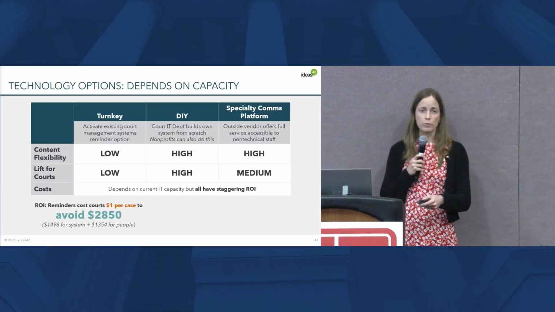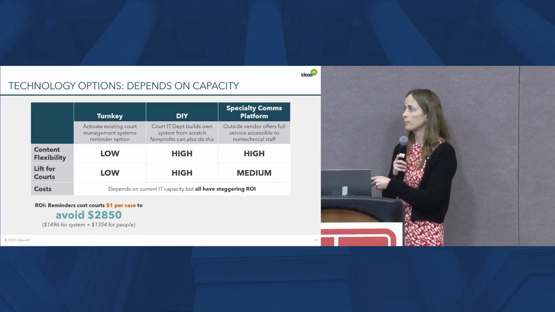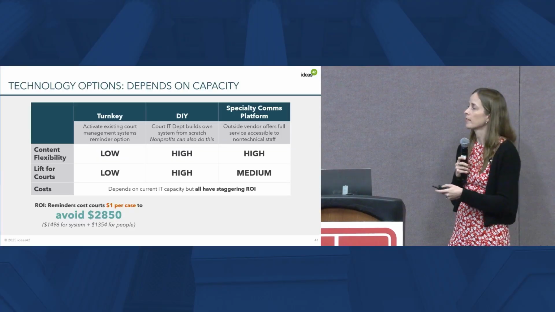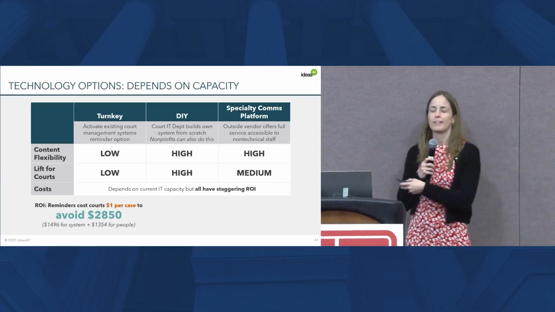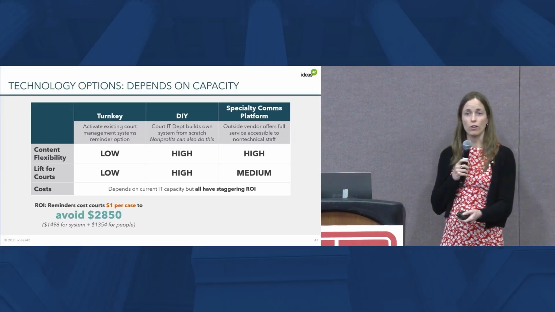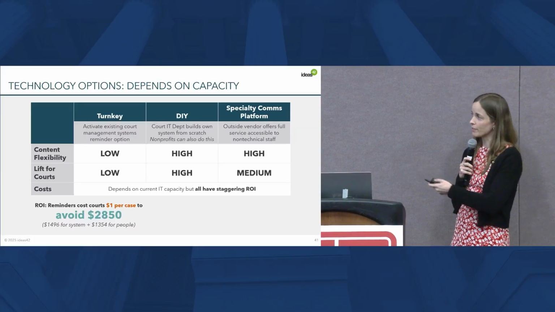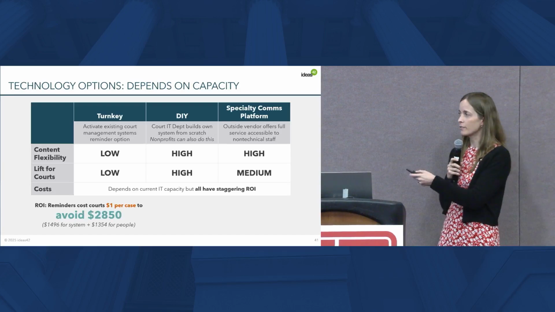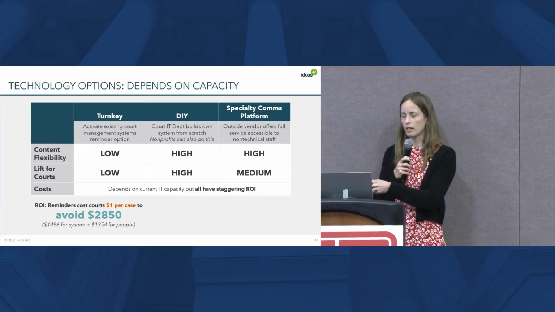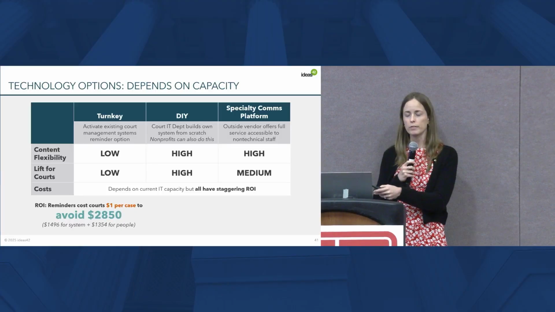But across the board, the cost of reminders works out to be about $1 per case or even less. And as we've covered, that's helping you prevent missed court dates, which come with a lot of costs. So $2,850 is the total price tag. That's $1,500 for the government plus a dollar figure that we put on the cost to folks who miss court.